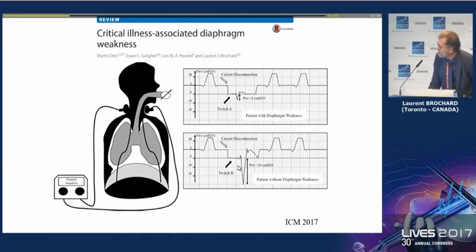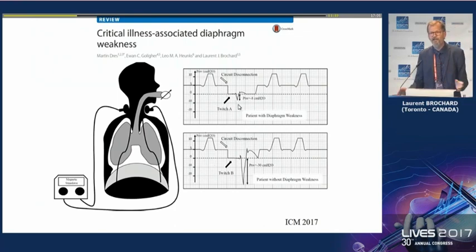let's look at the second slide here. You have an abrupt decrease in the tracheal pressure, the twitch pressure, which normally is about 30 centimeters of water. And the weak patients, the patients with a weak diaphragm, will have a twitch pressure well below 11 or 10 centimeters of water.